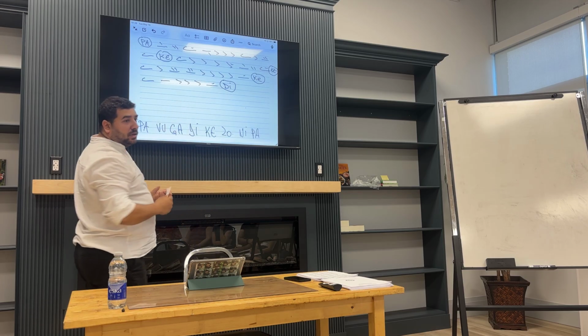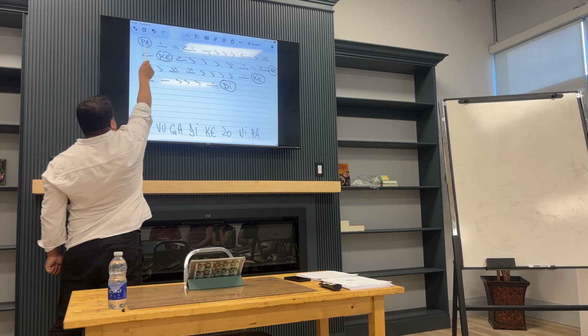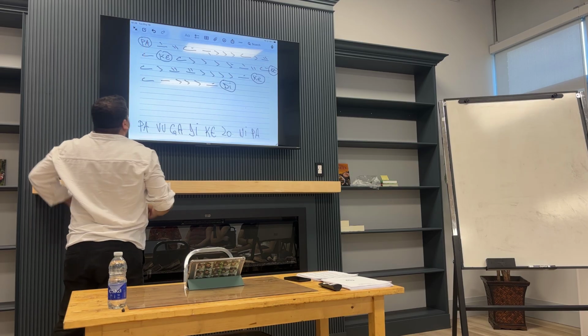I'll sing it once for you, and then we're gonna sing it together. We're gonna start from Pa here, but this is the only time I'm writing. I'm singing the Pa.